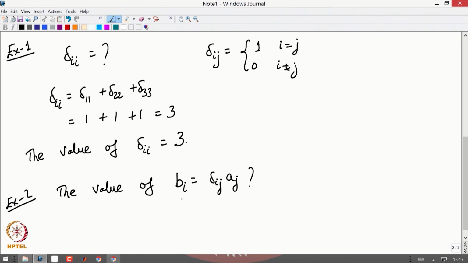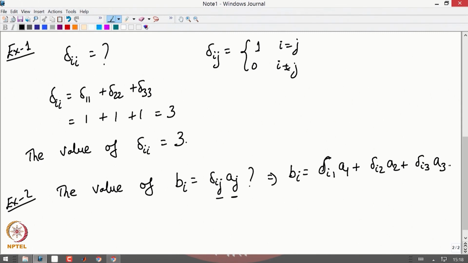What is b i is the question here now. Again, I know if an index is repeated twice on the same side of the equal to sign, which is the j here, sum it from 1 to 3. Hence this will imply that b i is nothing but delta i1 a1 plus delta i2 a2 plus delta i3 a3.